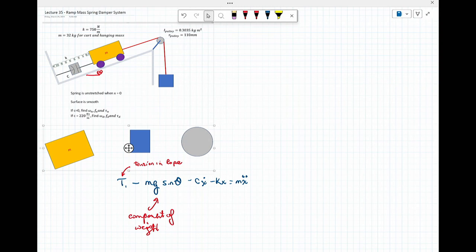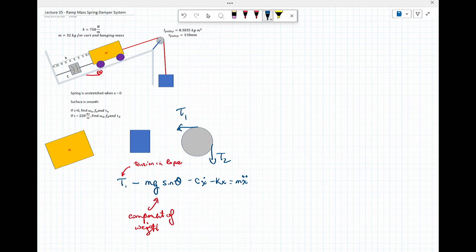The pulley is 0.3035 kilogram meter squared, and the radius of the pulley is 110 millimeters, which means that when I look at the tension in the cable, it's not the same. So I need to consider that.